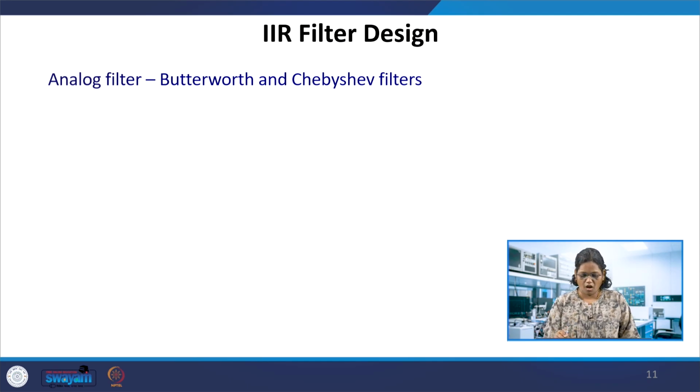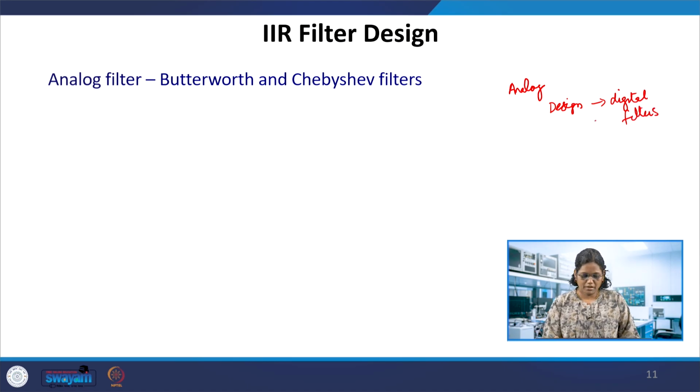Or we can have the specifications in the analog domain as analog filters, design the filter in the analog domain, and then convert it into a digital filter through mapping.